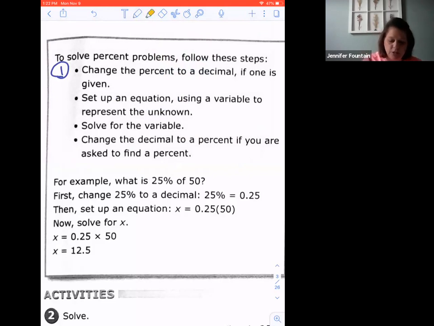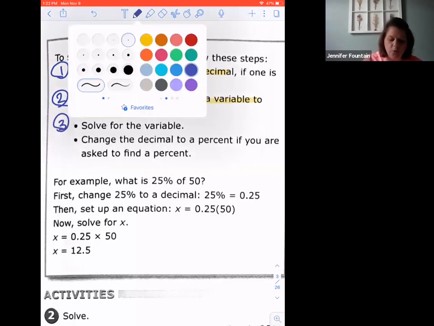So the first thing we do is change the percent to a decimal if it's there. Step 2 is to set up an equation using a variable to represent the unknown. So set up an equation, use the variable to represent the unknown. Step 3 is to solve for the variable.